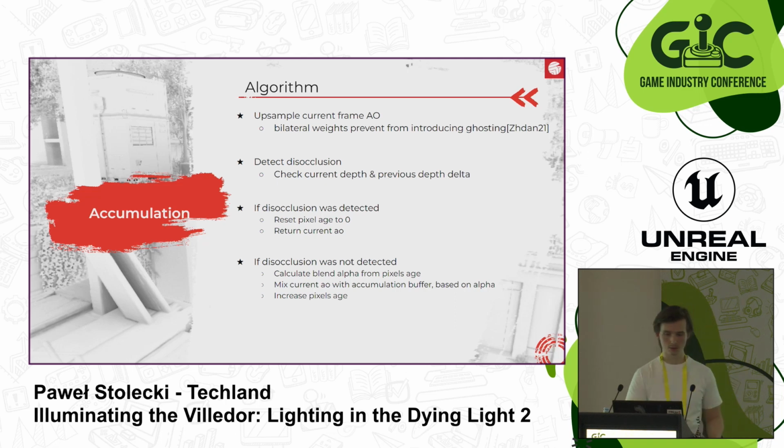If there was no disocclusion, we accumulate the currently processed AO with the accumulation buffer based on the blend factor derived from the pixel's age. If the age is high, like it's old, the blend factor can be lower, which allows us to accumulate quite a significant amount of samples. And if the pixel is young, we need to drastically, quickly update the value of the AO in this pixel.